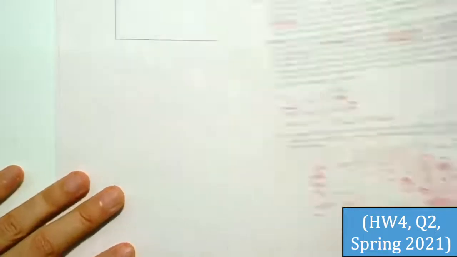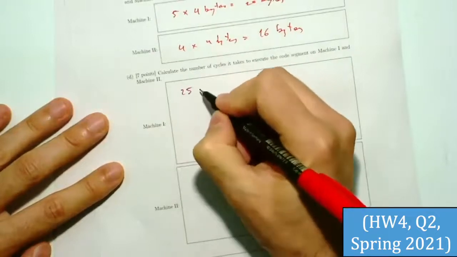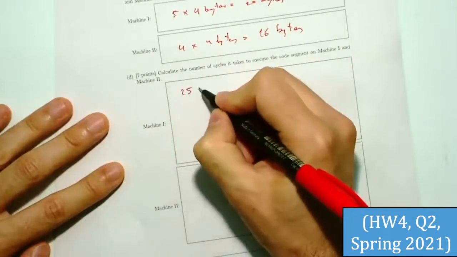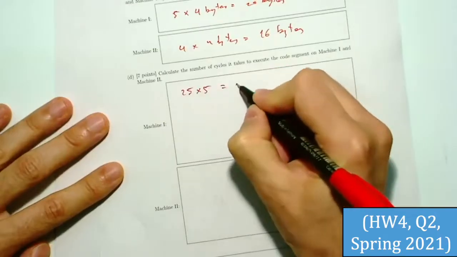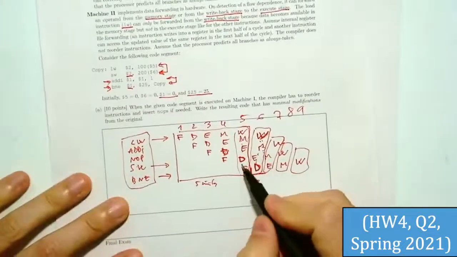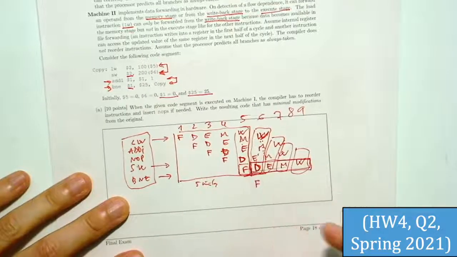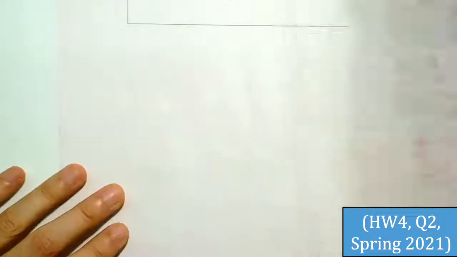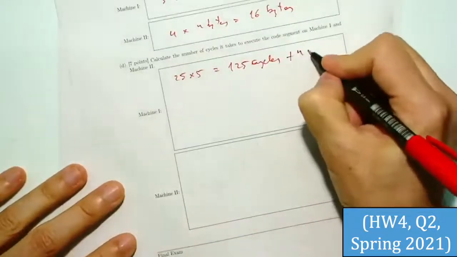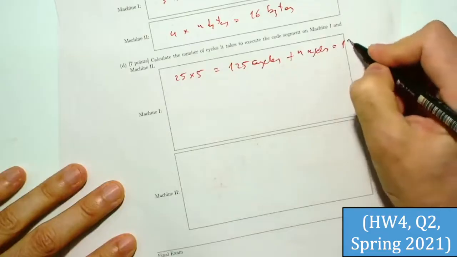As we have 25 loops, and we start 5 instructions per loop, we have 125 cycles. But in the last iteration, we have to finish the final pipeline stages, 4 additional cycles, so 129.